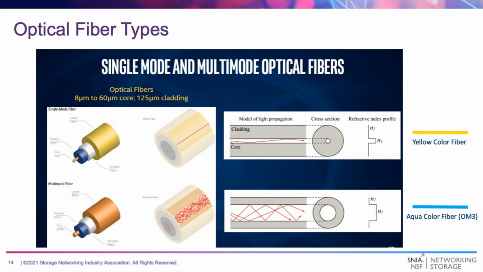It's typically represented by a yellow color fiber through industry convention. And we compare and contrast that with the multimode fiber shown at the bottom here, in which the light is able to bounce around inside the core, and it's represented typically by an aqua green fiber color within industry. So we have a single mode and multimode fiber shown on these slides.